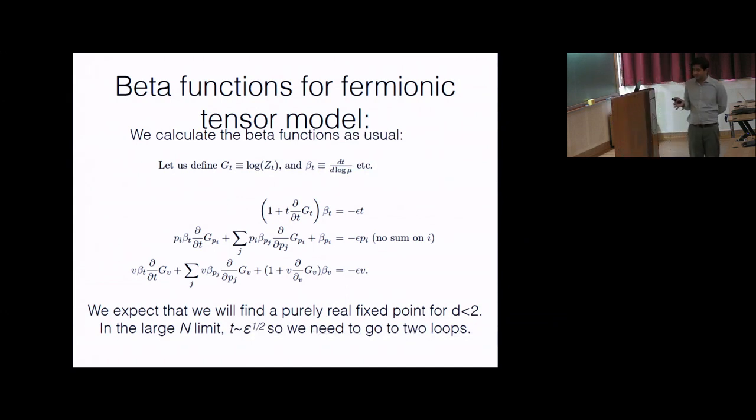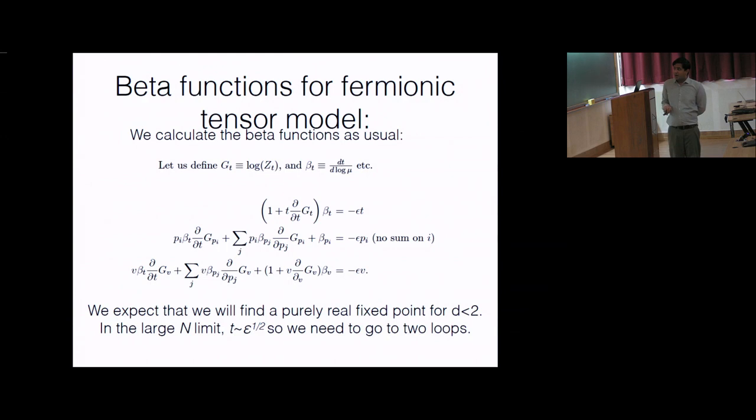But the conjecture, which seems to be supported, is that for d less than 2, you will find a purely real fixed point. The tetrahedral coupling has to be of order epsilon to the 1/2, which means you need to go to 2 loop corrections to the vertices, and not a 1 loop vertex correction, to calculate the beta function.